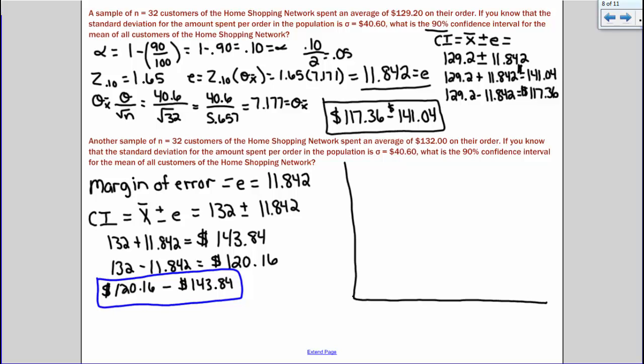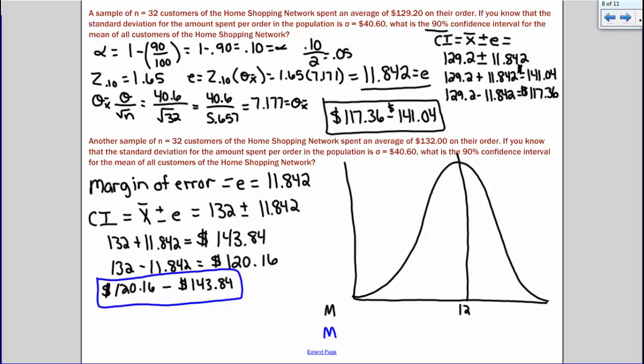All right, so we've got our normal distribution, and we've got our mean for group 1 and our mean for group 2. If we drew these two different distributions, this first example had a mean of 129.2 and this second example had a mean of 132.